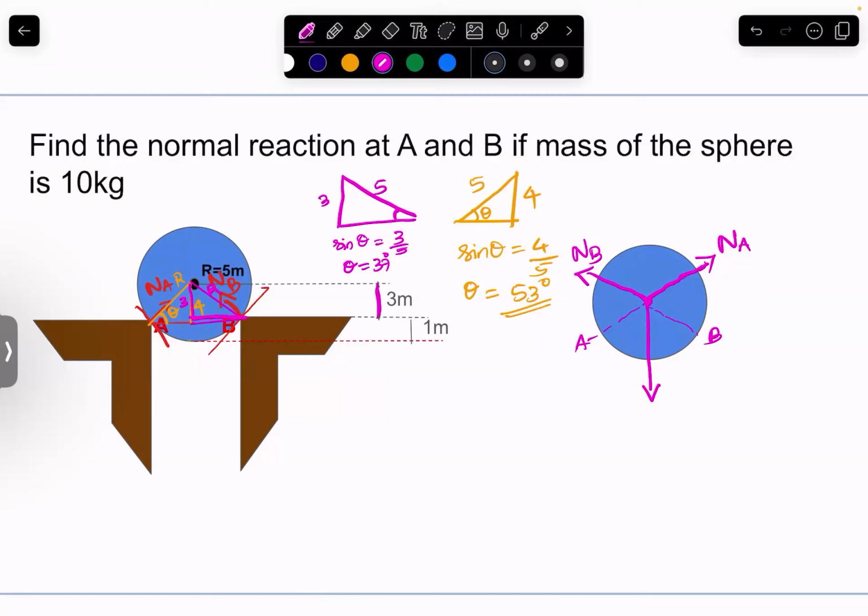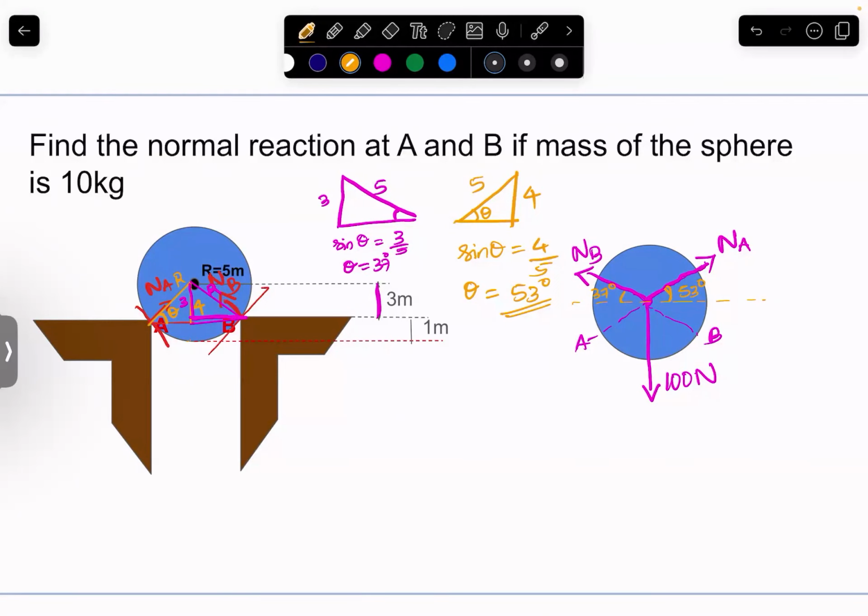So 10 kg times the gravity is like 100 Newton. Right. And if we consider this as the horizontal plane, the angle we have found is 53 degree, and this angle is 37 degree.